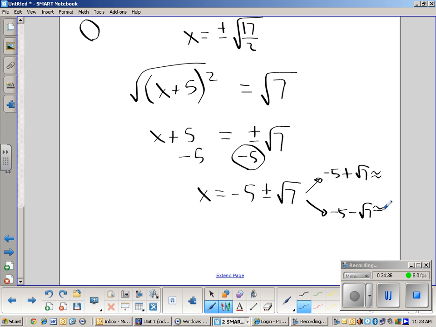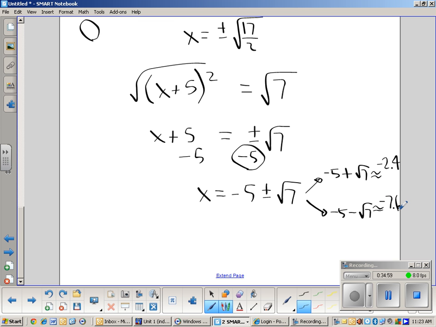This half of the room, negative 5 plus square root of 7. That half of the room, negative 5 minus square root of 7. Negative 2 point, we're rounding to the tenth. 2 point what? 4? Negative 7.6. Negative 7.6.